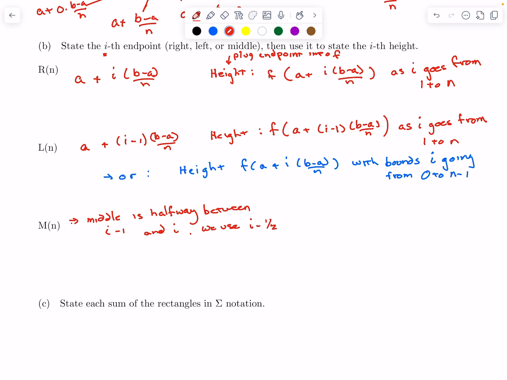So the endpoint is going to be a plus I minus a half many b minus a over n's. So the midpoint sum height is going to be f of that.